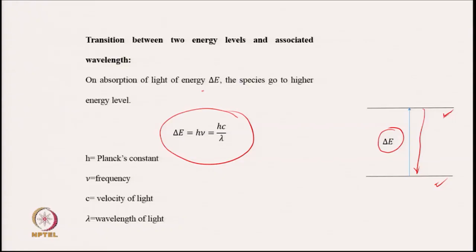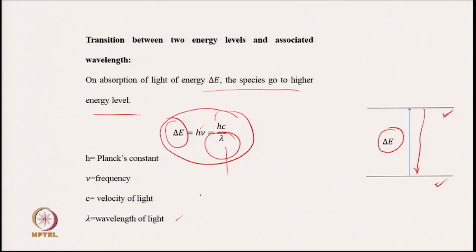So, on absorption of light of energy delta E, the species goes to a higher energy level, and since there are discrete values, this delta E will be fixed, and the sample will absorb light of this wavelength. In this relation, h is Planck's constant, nu is frequency, c is the velocity of light, and lambda is the wavelength of light.